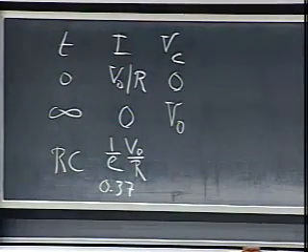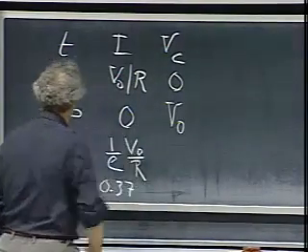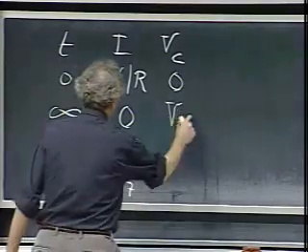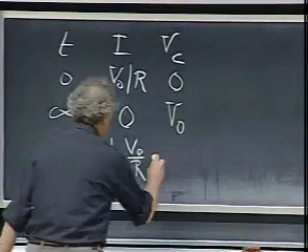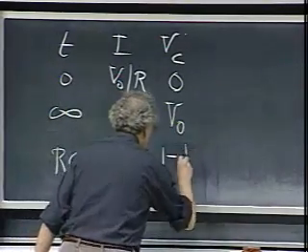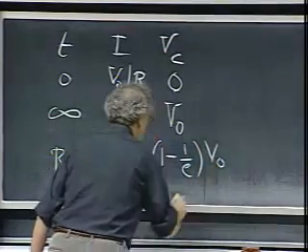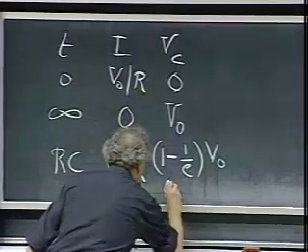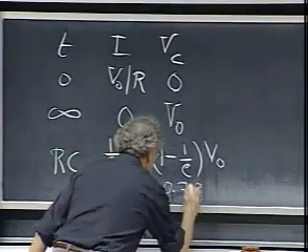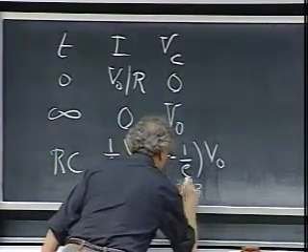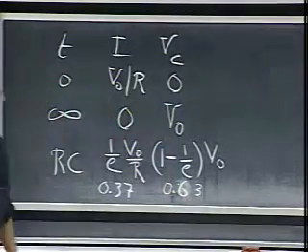So your current is down to 37% of what it was at the beginning. And after a time RC, the potential over the capacitor is 1 minus 1 over e times V0, and that is about 0.63, 63%.